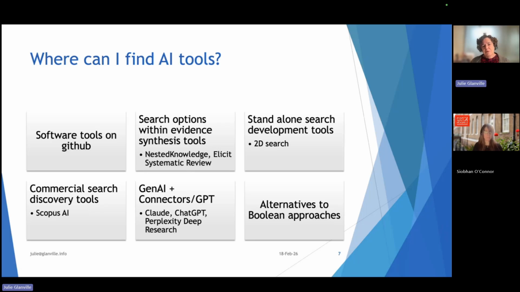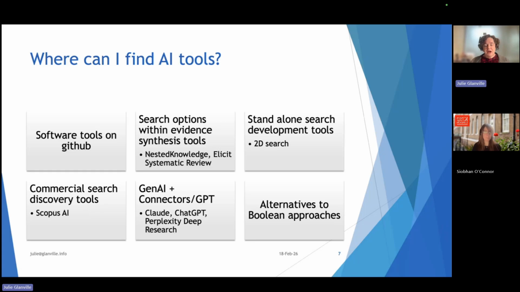So I'm going to look particularly at nested knowledge and elicit systematic review. I'm going to discuss a standalone search tool called 2D Search. I'm going to touch on commercial search discovery tools such as Scopus AI. I'm going to look at the recent developments that allow you to use Chat GPT and Claude linked to PubMed.